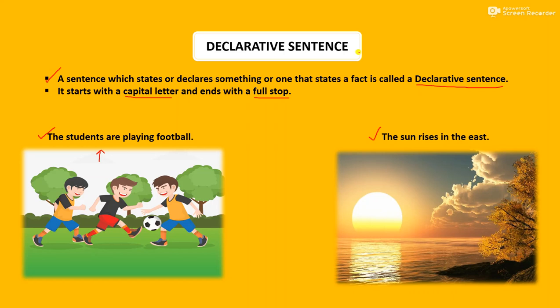So remember students, whenever you have a sentence which declares something that you have observed, or a sentence which states a reality, then such sentences come under the category of declarative sentences. Declarative sentences, or for that matter every sentence, begin with a capital letter, but specifically declarative sentences end with a full stop only. So this was the first type of sentence.